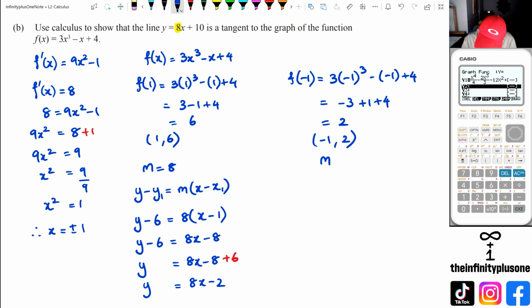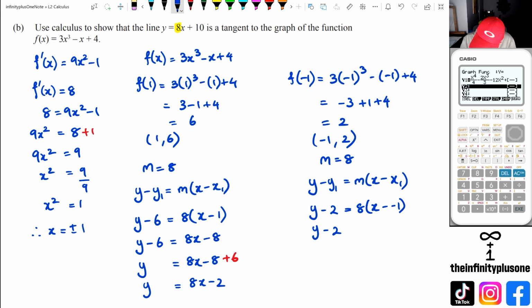Let's try the next one. M is equal to 8. Y minus y1, so that's going to be 2 equals m times x minus x1. I'll just write the equation down. So y minus 2 equals 8 times x minus negative 1. So we've got y minus 2 equals 8 times x plus 1.